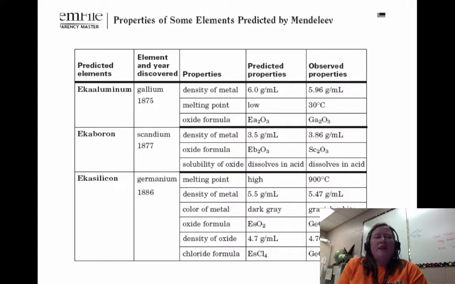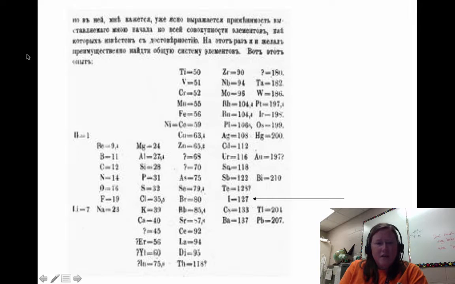So in this slide, you can see that these were the predicted elements, and he called gallium eka aluminum, and I think eka means on top of or beneath. So I'm just going to go to this one.